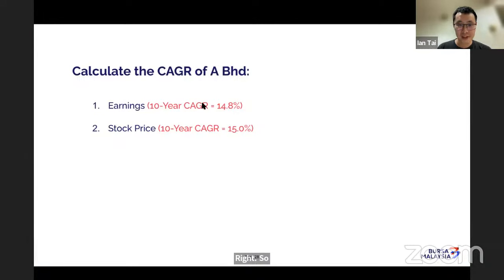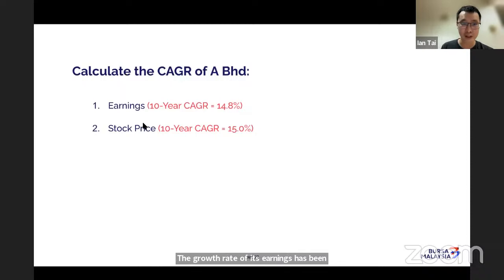So over here as an investor, what I like to do is to compare the 10-year CAGR for the stock's earnings with its stock price. In the case of Eberhard, I can see that the growth rate of its earnings has been more or less in tandem, in line with the growth in stock price.